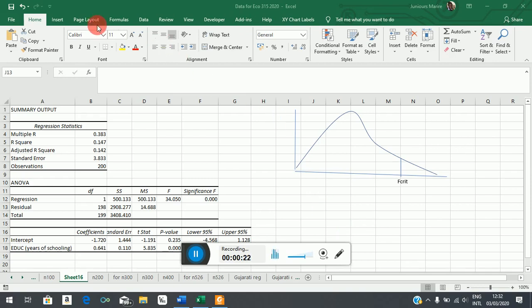Put in very simple terms, what we are interested in doing when we are carrying out this F test is to test how good our model is as an explanation.